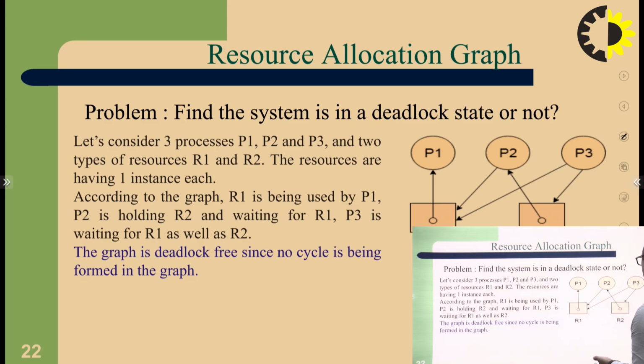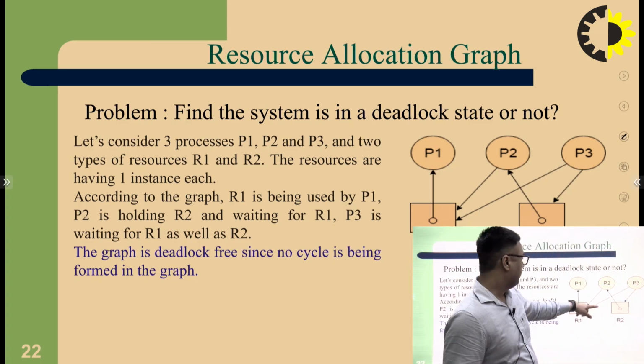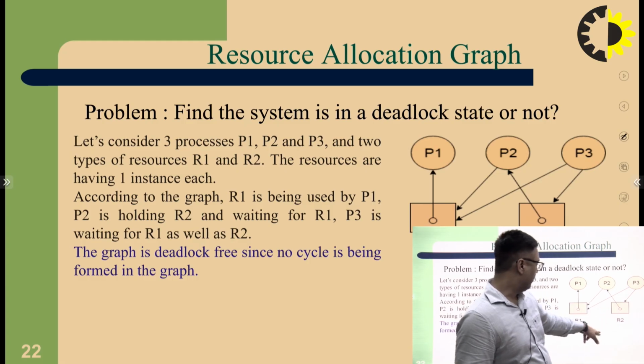P1 holds the R1 resource and it does not demand any resources, and P2 holds the R2 resource and is demanding R1 and only R1, and P3 is basically not holding any resource and it is demanding R1 and R2.